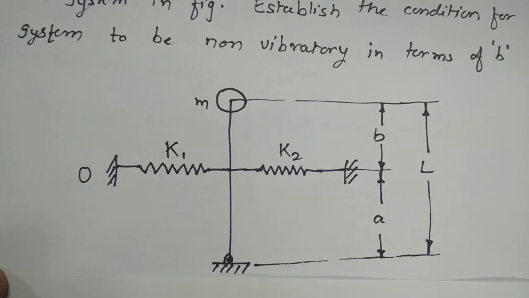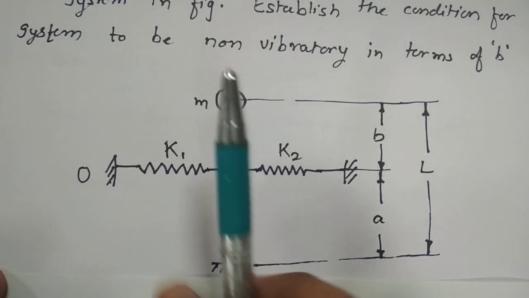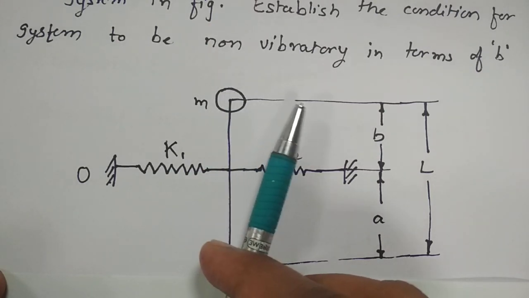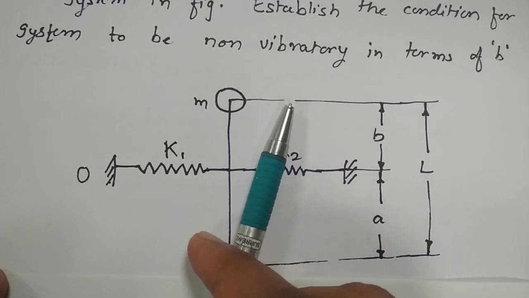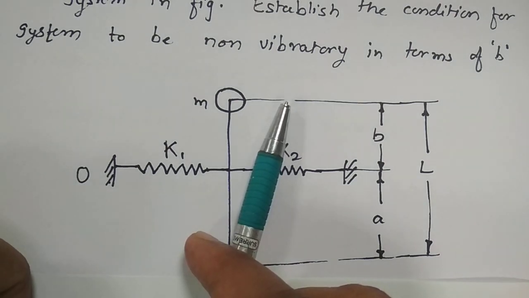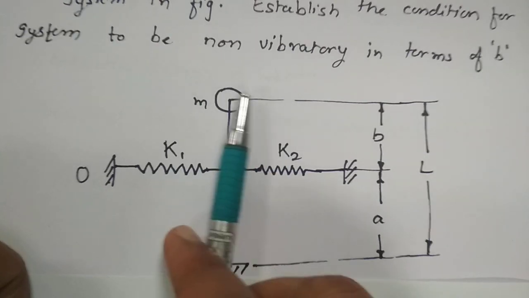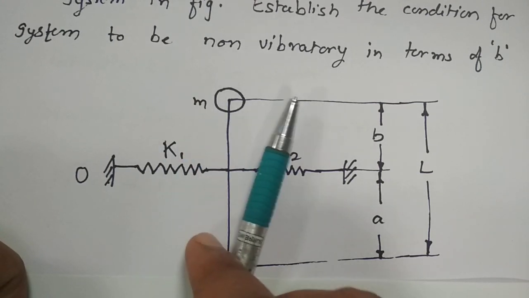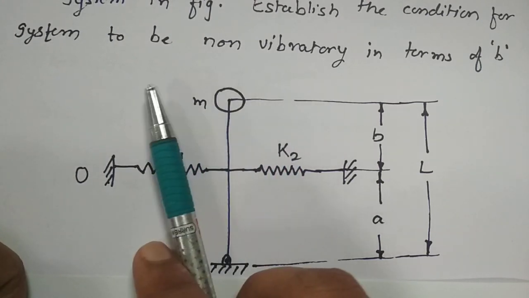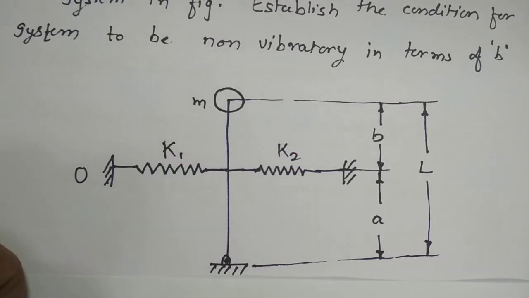At the same time, when it moves like this, one spring gets compressed and the other gets extended. When the mass is released after the initial excitation, continuous vibration of this mass m will occur like this. We will solve this numerical by the energy method.